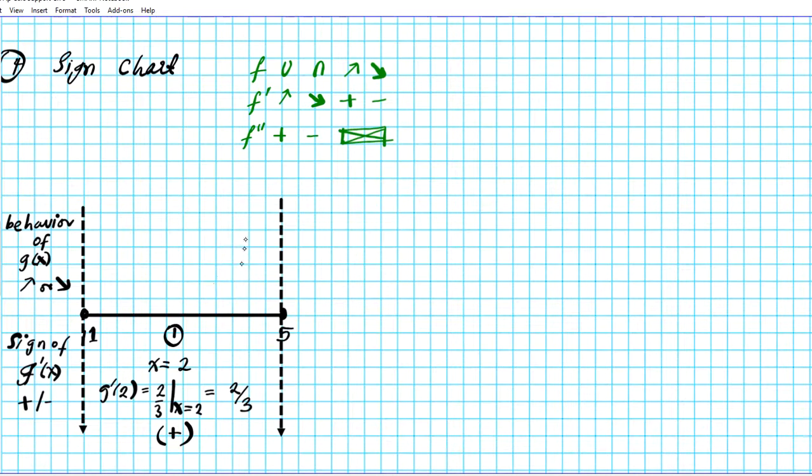Using the fun chart, when g prime is positive, what is the behavior of g? You look at your fun chart right here. When the derivative is positive, the antiderivative is increasing. So when g prime is positive, that means g is increasing. So if g increases from this endpoint 1 all the way to 5, can you describe what the extrema are in this particular case?